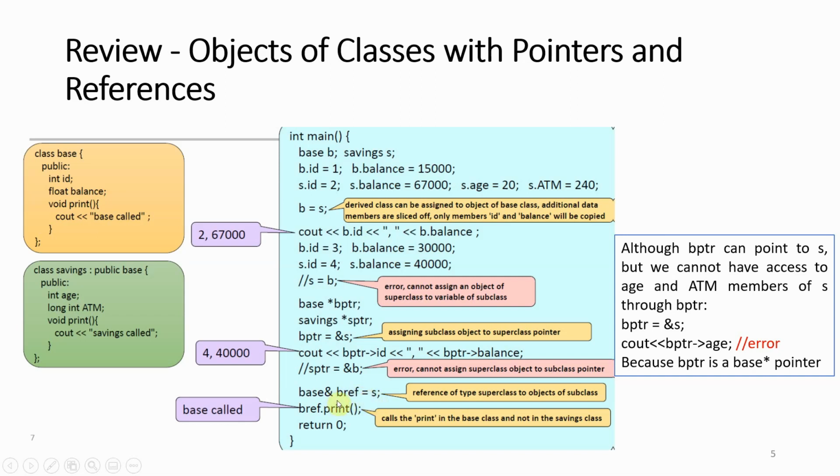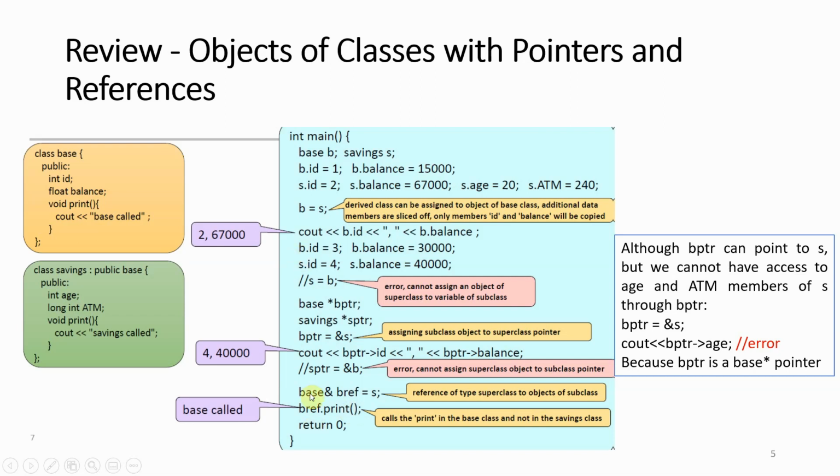You can have a reference variable bref that S is going to be assigned to. And the other way around is not possible. You can't say savings ampersand sref equal to B. That's going to be invalid. This is valid, the other one is not valid.